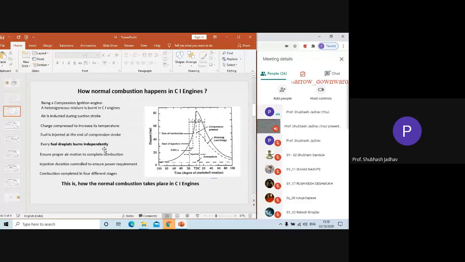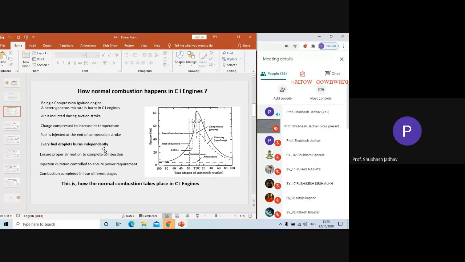That is completely different from an SI engine, where we have a spark plug at one end and a spark developed there grows into a full-fledged flame, and that flame travels across the combustion chamber. Here it is completely different.